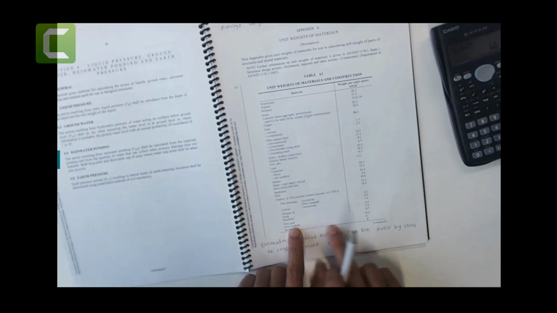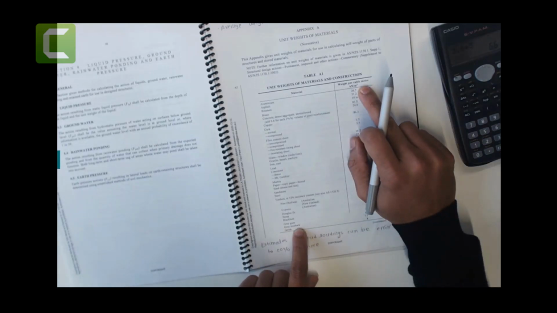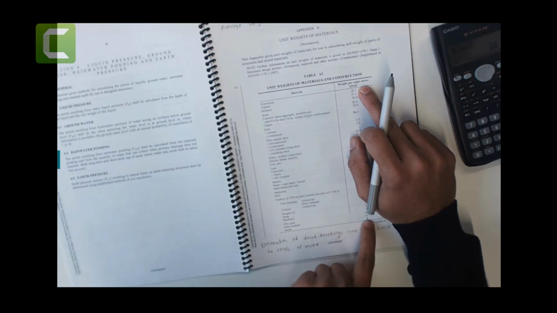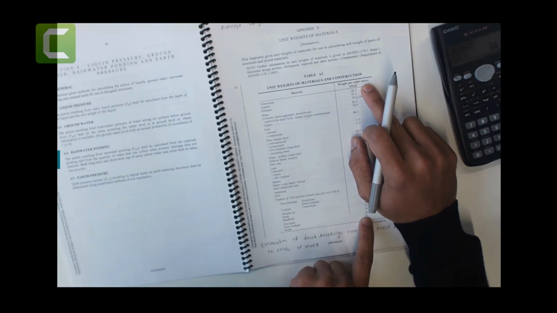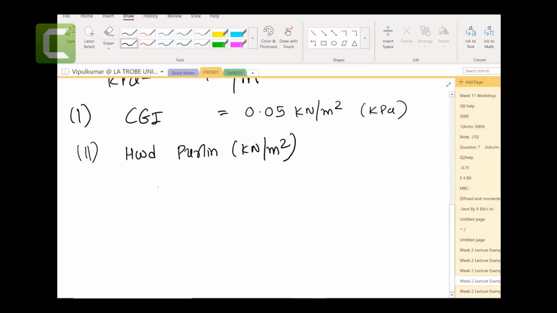That's the weight of hardwood, 11 kilonewton per meter cube. So gray iron bark is the Australian timber type. So the density for purlin hardwood is 11 kilonewton per meter cube.